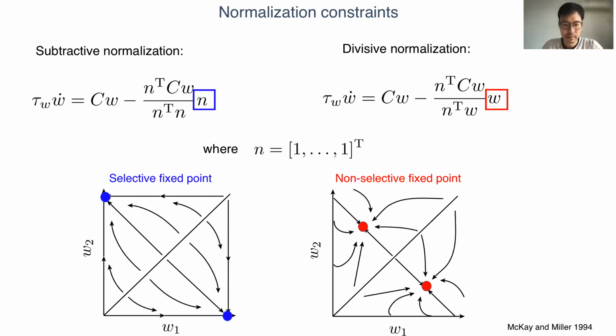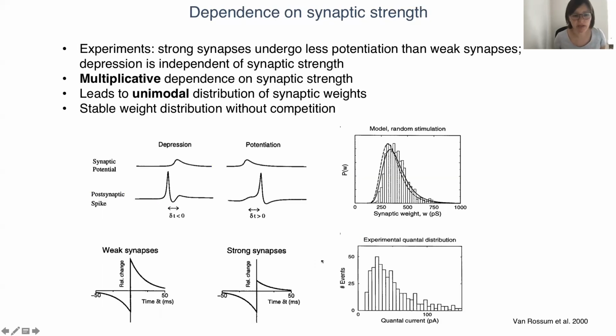If we apply this divisive or so-called multiplicative normalization, that's exactly also what we see here when this was applied together with the STDP rule by Van Rossum. They saw this graded distribution in the model.